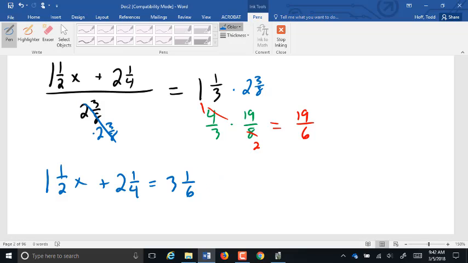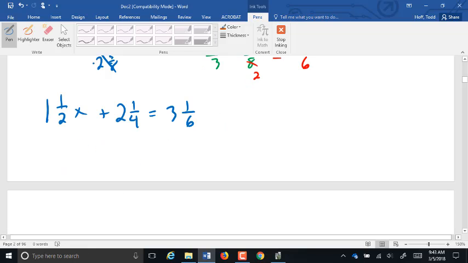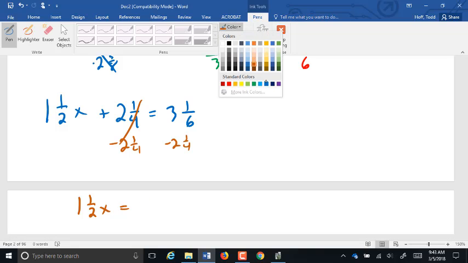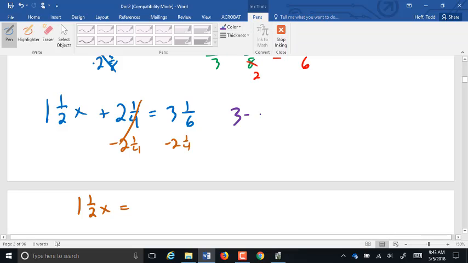So now we have to subtract 2 and 1/4. So that's gone. We're left with 1 1/2 x equals, well, we got to find our common denominator here, which is going to be 12.